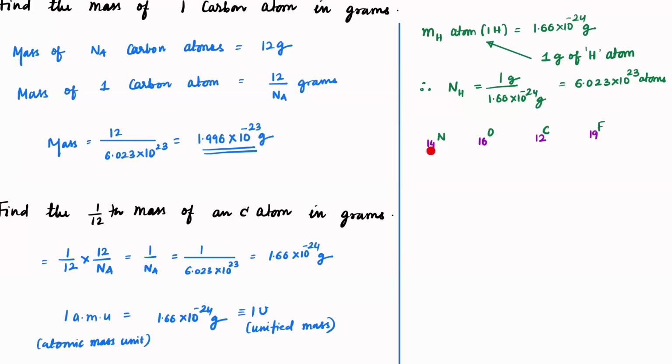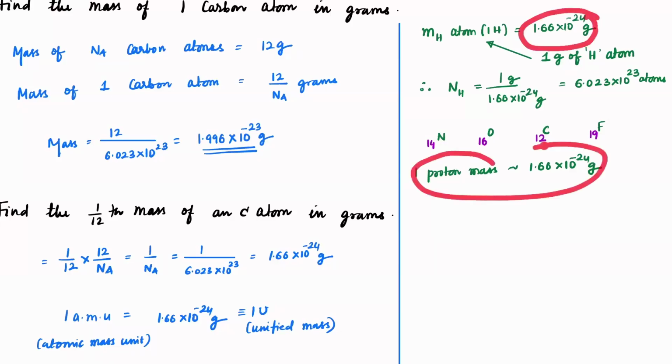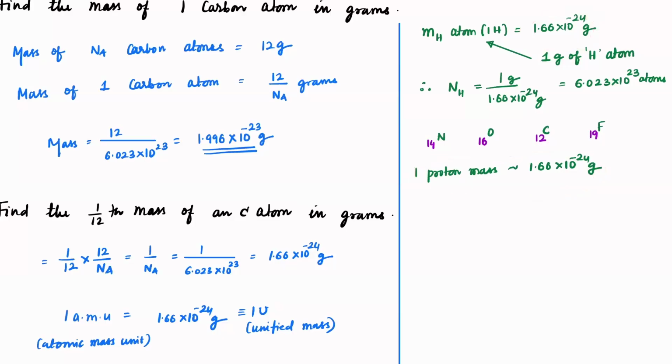Using mass spectrography, it has been noticed that one proton mass is approximately 1.66 into 10 raised to power of minus 24 grams, which clearly suggests that the hydrogen mass and proton mass are no different, because there is no neutron in hydrogen and the mass of electron is extremely negligible. So ignoring that, one proton mass and one hydrogen mass are almost the same.